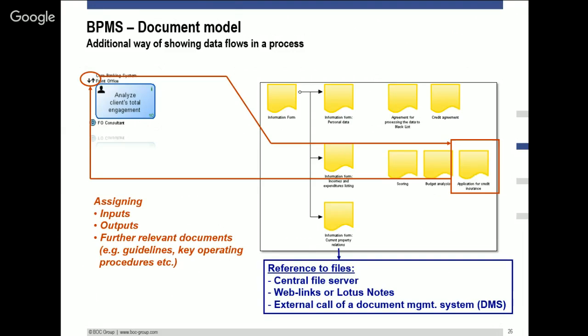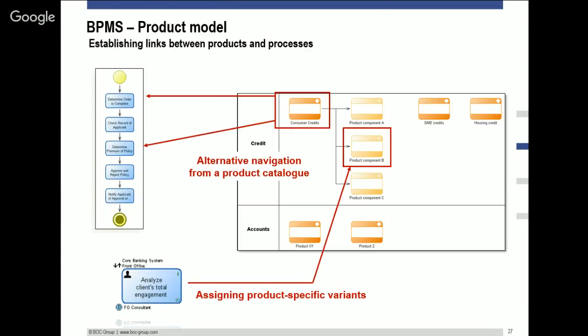And if you're using this approach, you can very easily have dictionaries of document types and just mark which documents are used in which process steps. In a similar way, you could mark links between your process steps and products. Products are totally not covered in BPMN, so this is obviously out of scope for BPMN in a pure version.